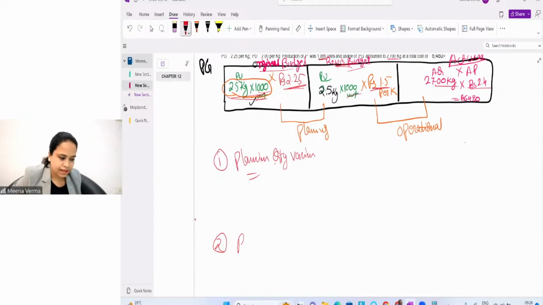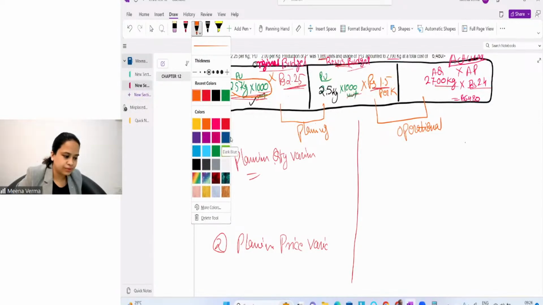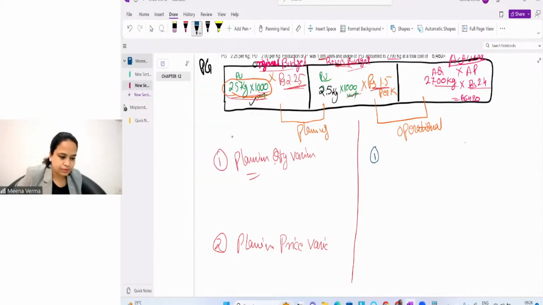Planning price variation. Then we will find what? Operational quantity variation, right?